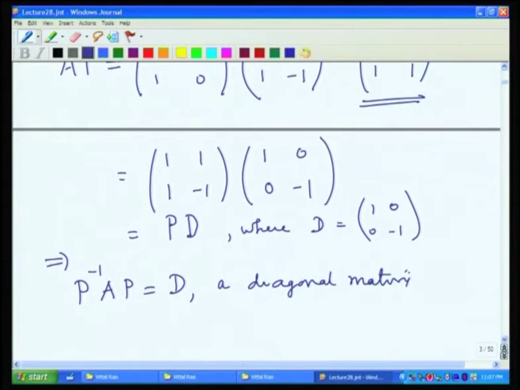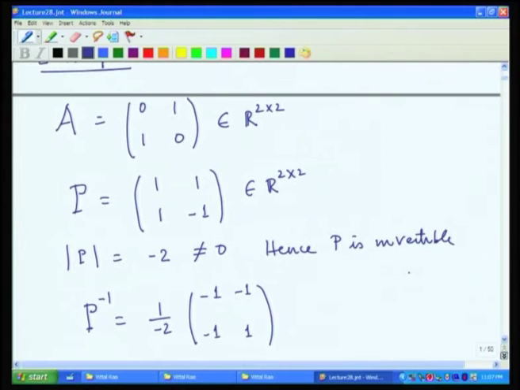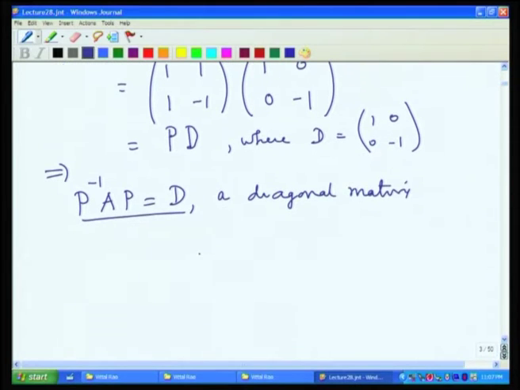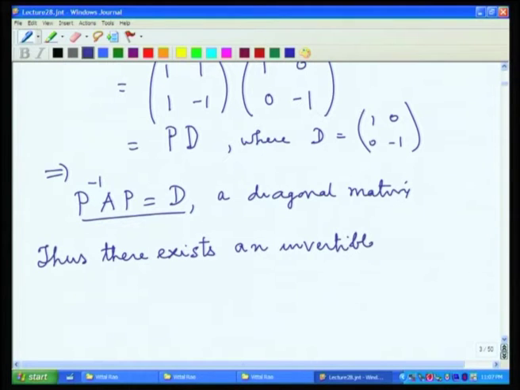Hence, we have an example here of a 2 by 2 real matrix A for which we are able to find a P which is invertible and P inverse A P is diagonal. Thus, there exists, this is the question we raised, whether we can find such a P. In this example, we have found such a P. There exists an invertible P in R 2 by 2 such that P inverse A P is a diagonal matrix.